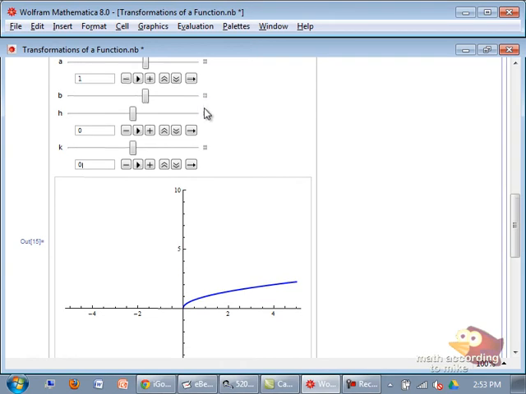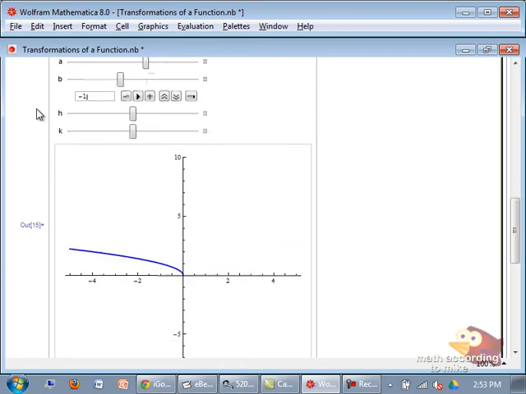If I negate the variable, notice what's happening is all the x's negate in value. So it used to go through a point such as (4, 2), but now it goes through (-4, 2), because we reflected it over the y-axis.